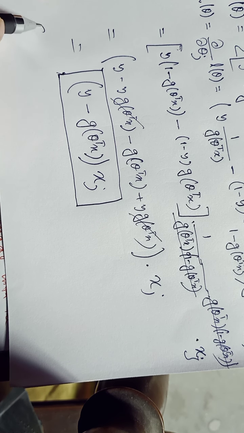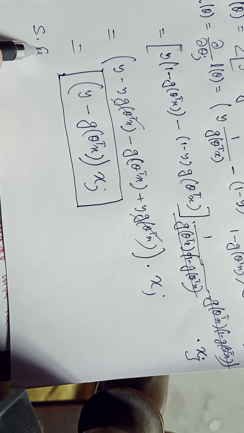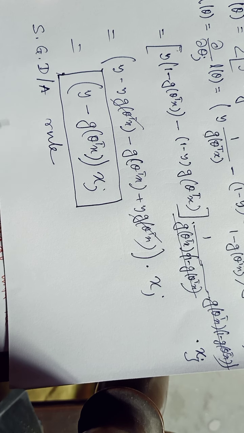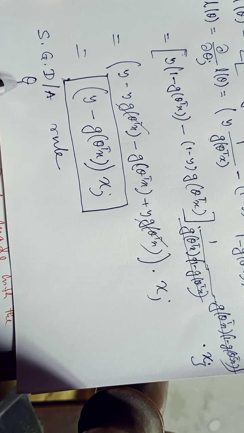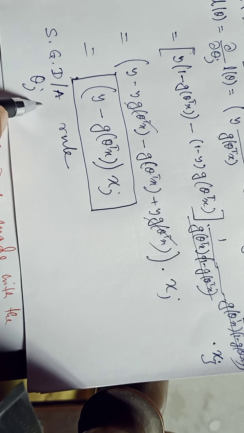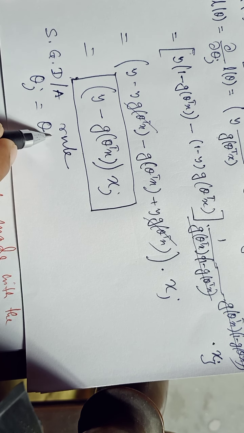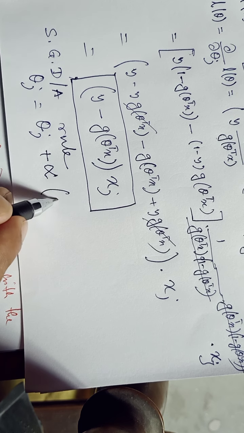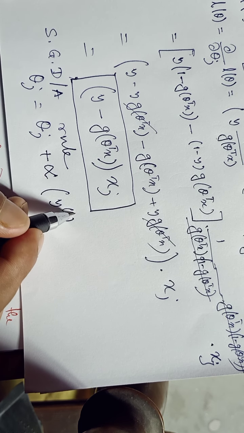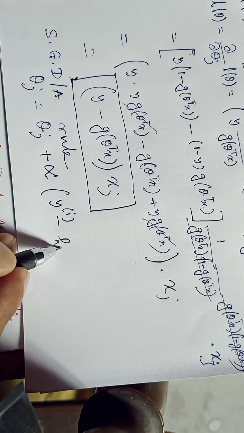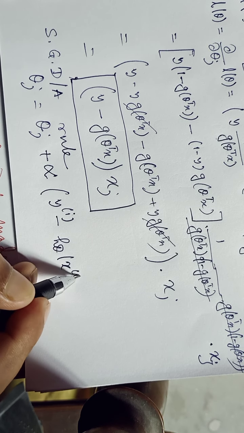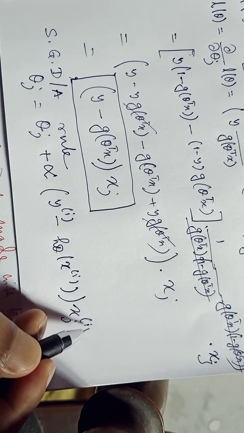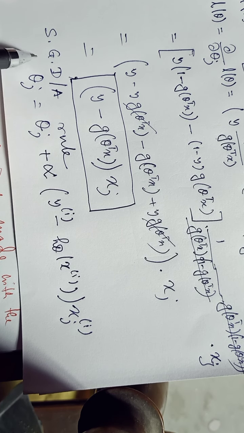So we can write the stochastic gradient descent or ascent rule for the logistic regression as theta j, that is new theta, equals old theta plus alpha, we know the learning rate, into the ith y minus h theta of ith x, multiplied by ith xj, this parameter.